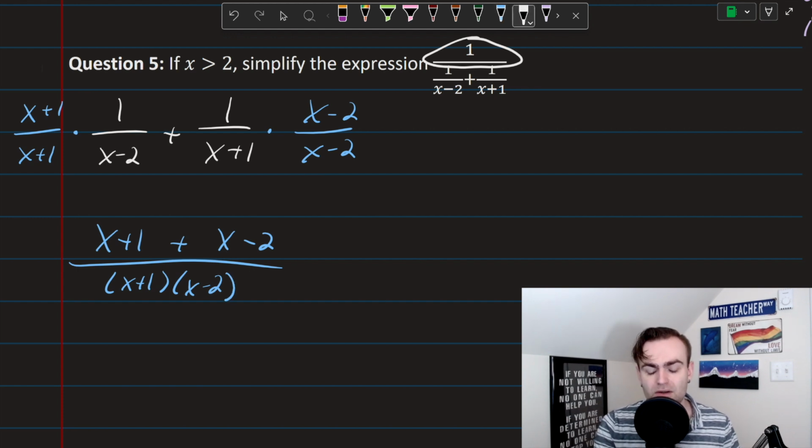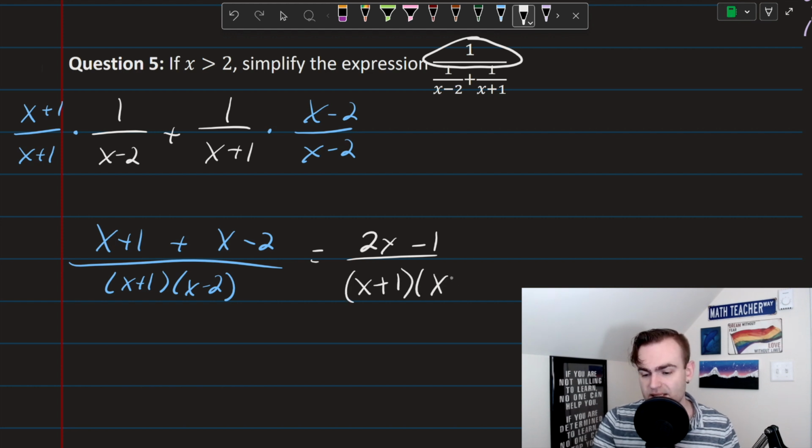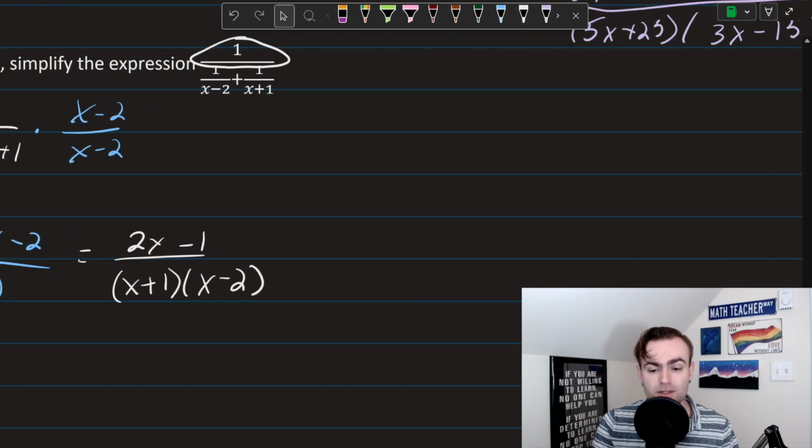If we combine our like terms here, we end up with 2x minus 1 over x plus 1, x minus 2.